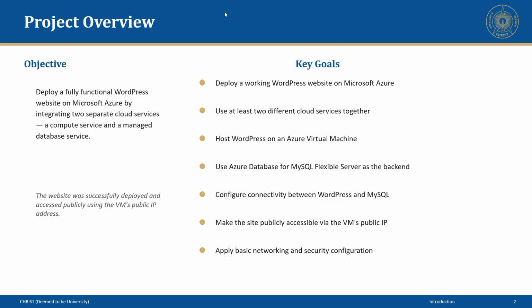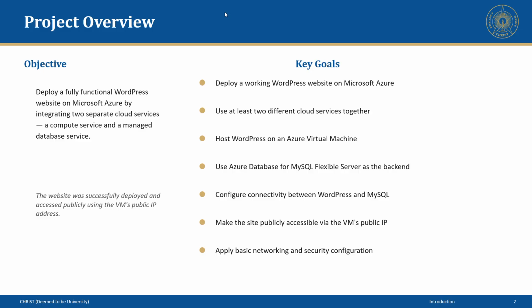The main objective of this project was to deploy a fully functional WordPress website on Microsoft Azure using two different cloud services. I used an Azure Virtual Machine as a compute service to host WordPress, Apache, and PHP, and I used Azure Database for MySQL Flexible Server as the managed database server.